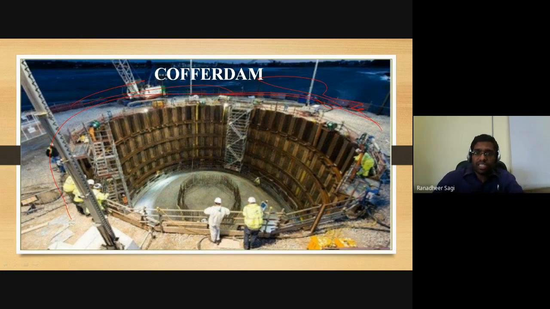Inside that region, you are trying to construct another cofferdam to take up the construction of your bridge pier here. So for that you are creating a temporary structure which is acting like a barrier for the water flow happening across that particular region.